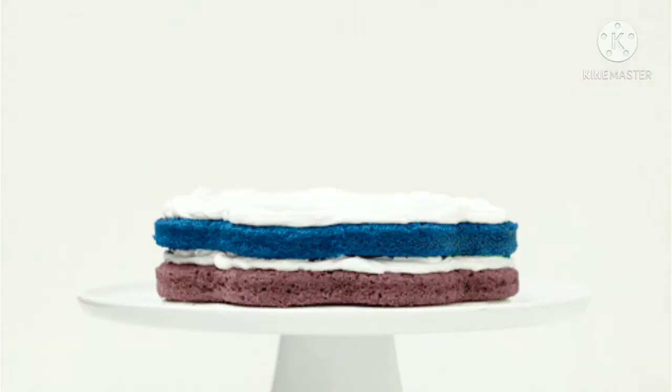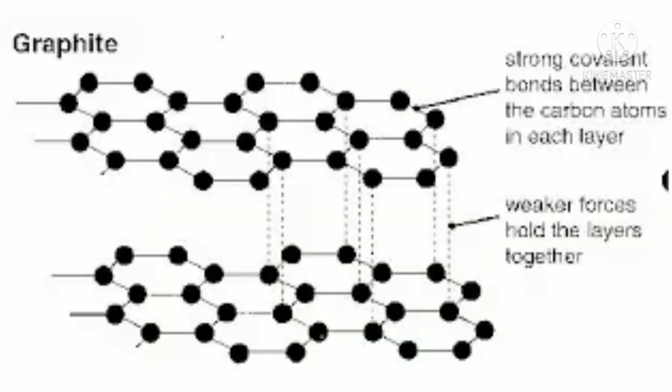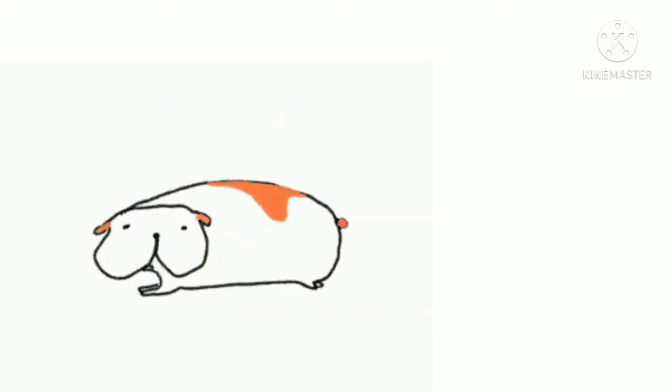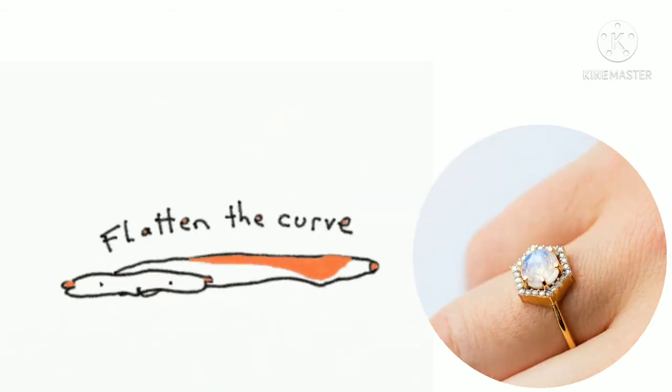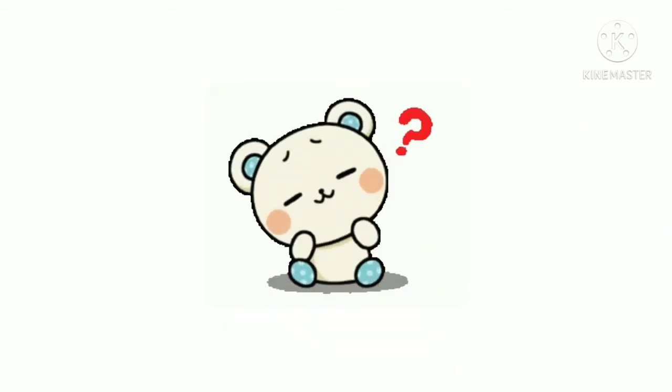Now next is structure of graphite. A graphite crystal consists of layers of carbon atoms or sheets of carbon atoms. Each carbon atom in a graphite layer is joined to 3 carbon atoms by strong covalent bonds to form flat hexagonal rings. Why graphite is a soft substance?